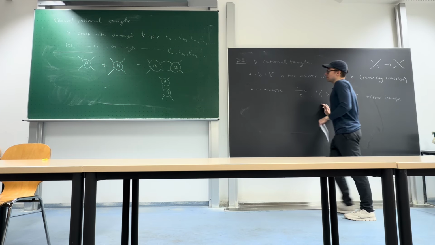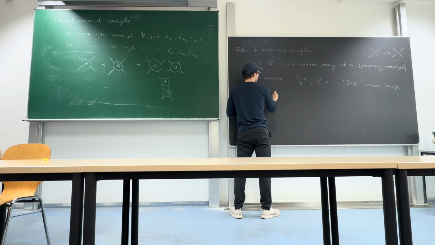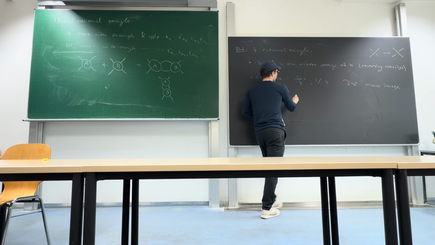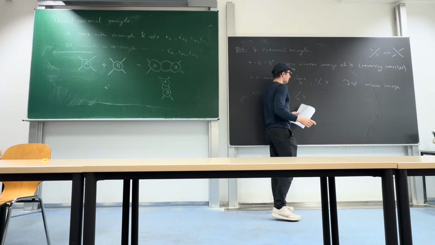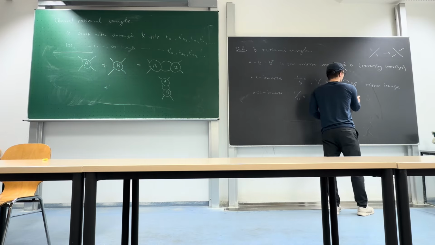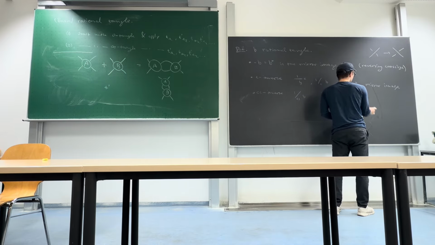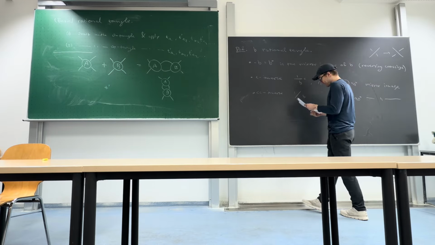Similarly, we have the counterclockwise inverse, which we'll denote by 1 cc over B. This is the exact same thing, but in the other direction. So now we're rotating 90 degrees counterclockwise, and again taking the mirror image.